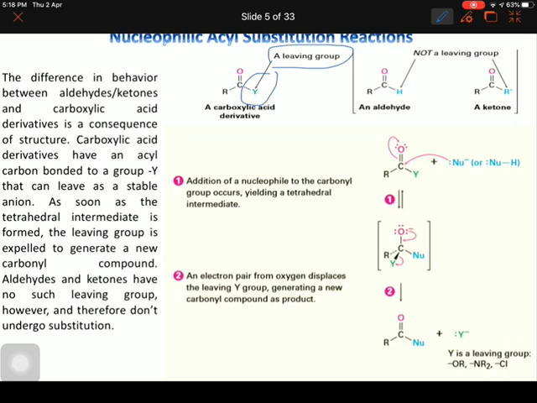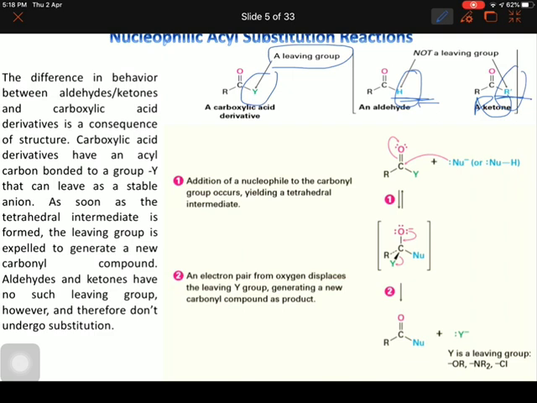This differentiates it from the aldehyde or ketone, because in aldehyde and ketone, this part is not a more electronegative atom, it is almost the same electronegativity as the one on the other side. This is the most important thing. This is how I differentiate between the carboxylic acid derivative and aldehyde or ketone.